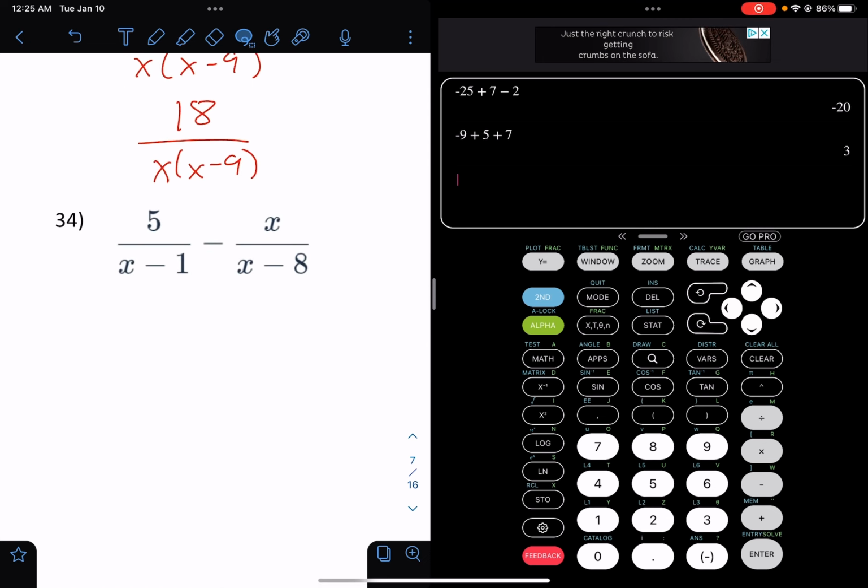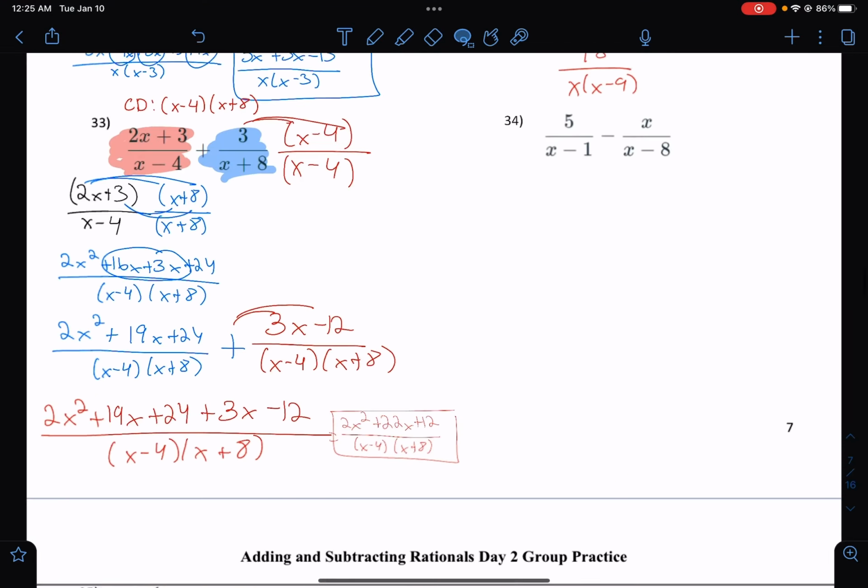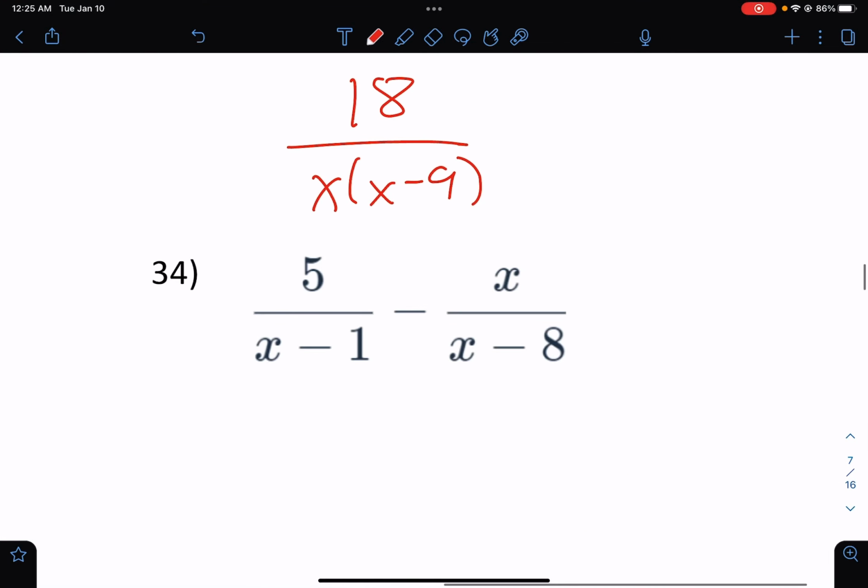Next one is our last one, guys. Hang in there. All right, so we can take a look here. What is going to be our common denominator here? That is going to be x minus 1, x minus 8. So this first guy here is missing an x minus 8.